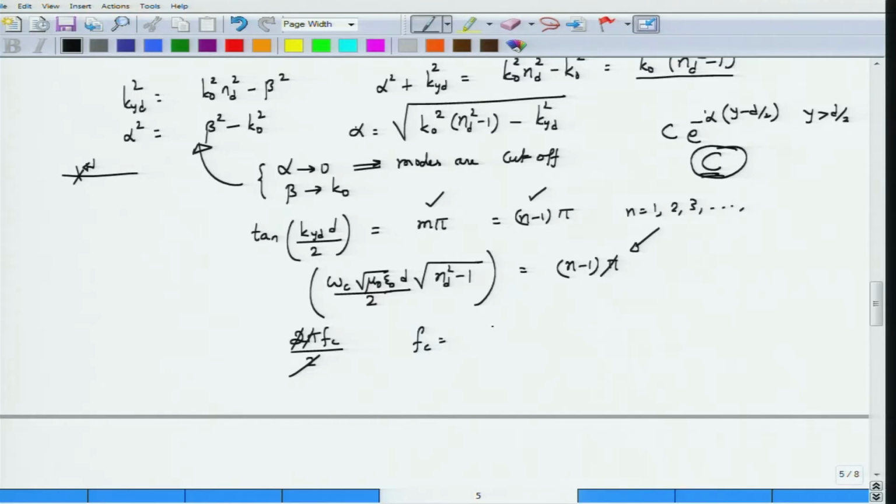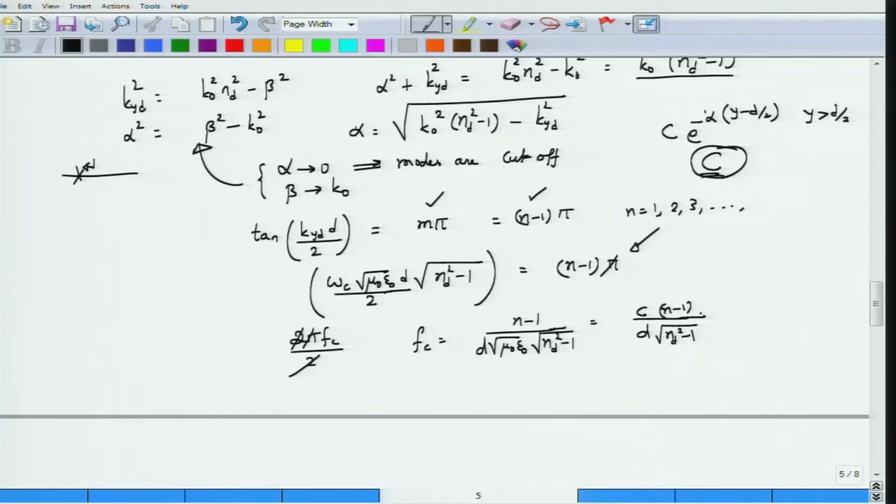So fc can be written as n minus 1, do not confuse n with refractive index, n minus 1 is the mode designation, divided by square root of mu 0 epsilon 0 d under root of n d square minus 1. But I know 1 by square root of mu 0 epsilon 0 is c. So I have c times n minus 1 divided by d square root of n d square minus 1.